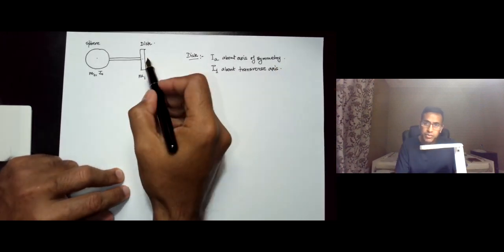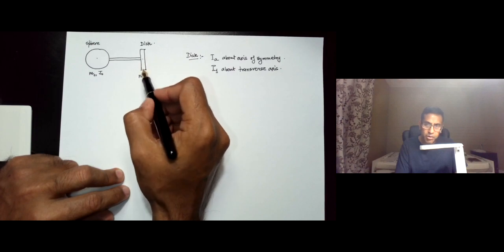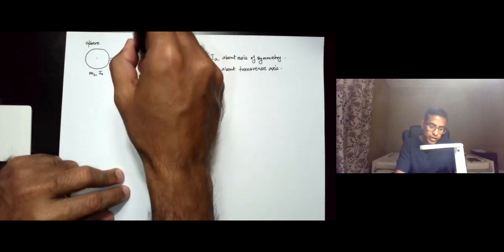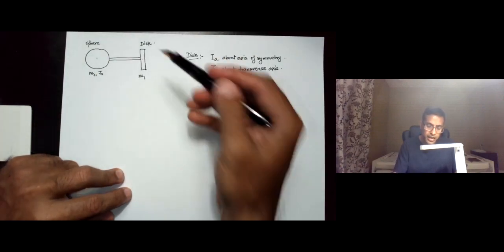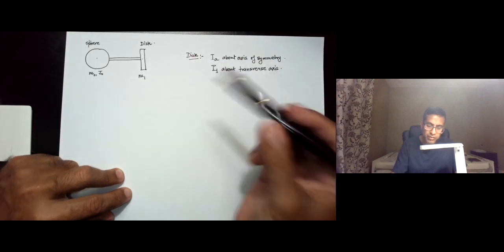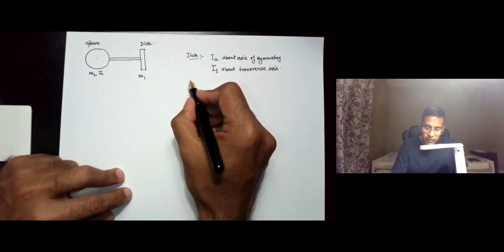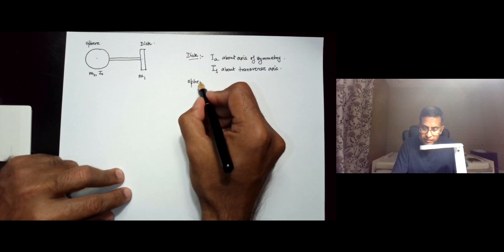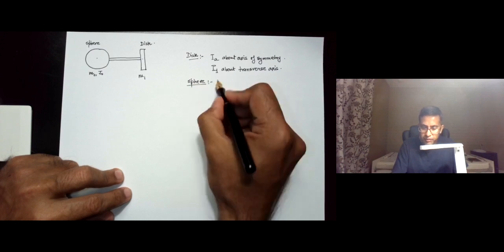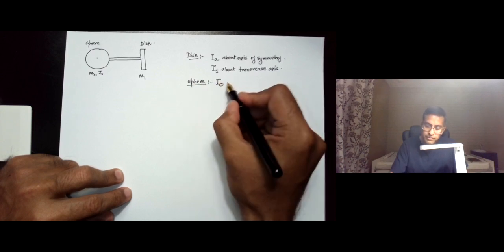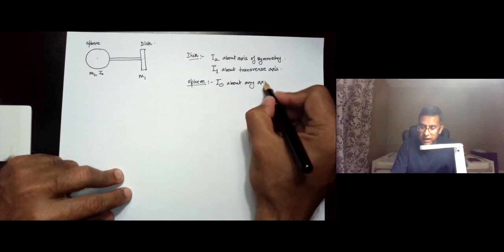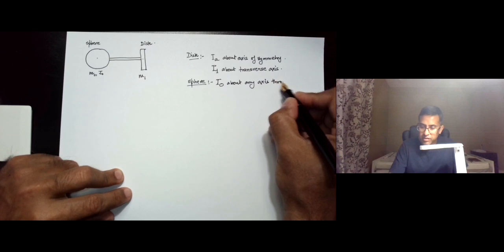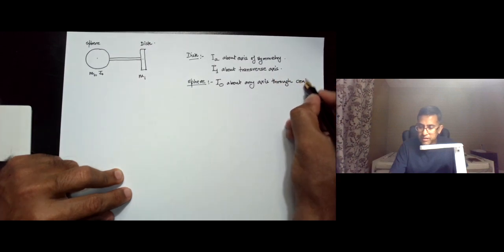So I1 is the moment of inertia, for instance, about an axis going like this through the center, or an axis going like this through the center for this disk. About its axis of symmetry, the moment of inertia is IA. For the sphere, the moment of inertia is J0 about any axis through the center.